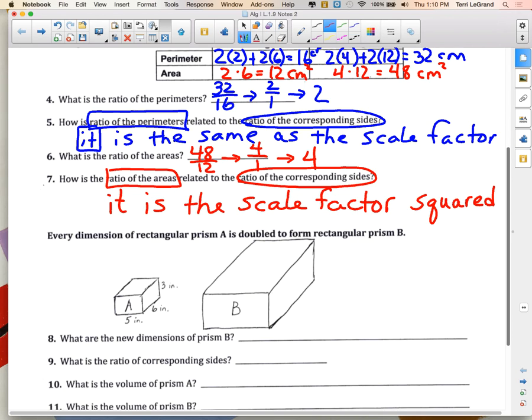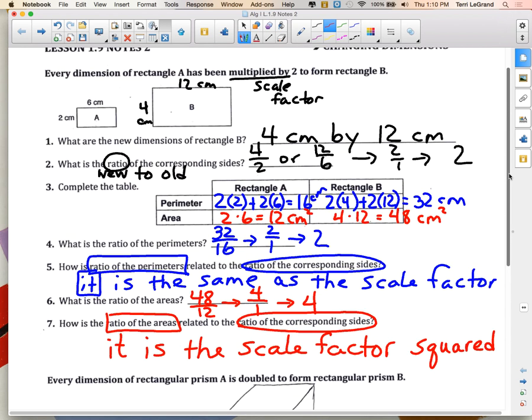So what is that really saying then? What happened to the area? Compare A's area to B's area. It got squared, which in this case, did it quadruple? So if you double the dimensions, you're telling me that 4 of this rectangle should now fit on that one? Yes. You're right.